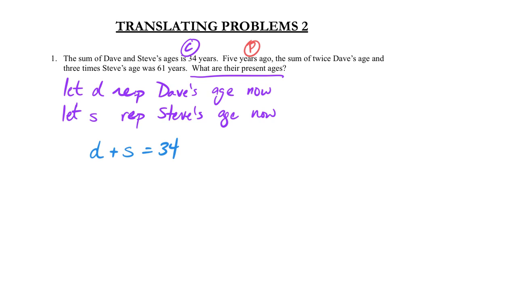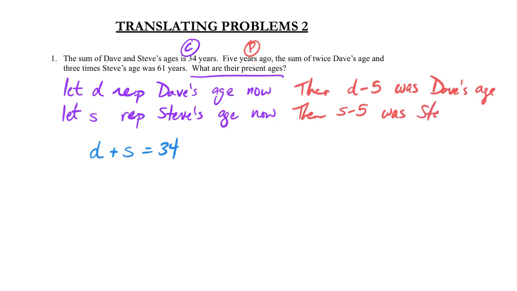If we're talking about 5 years ago, then D minus 5 was Dave's age. Right? If Dave is D now, then 5 years ago, he would be D minus 5. I would then have the same thing, S minus 5 was Steve's age.